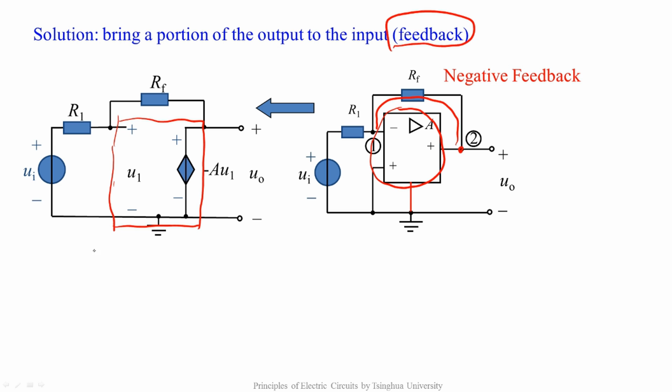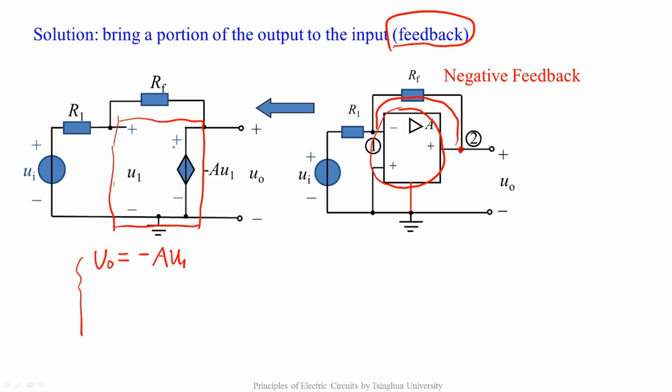Firstly, UO equals minus A times UD. You should notice U1's reference direction here. Its positive terminal is connected to the inverting input. In other words, UD equals minus U1, and U1 equals UI. So UO equals minus A times UI.